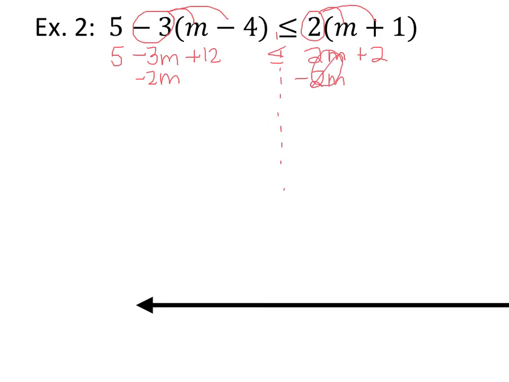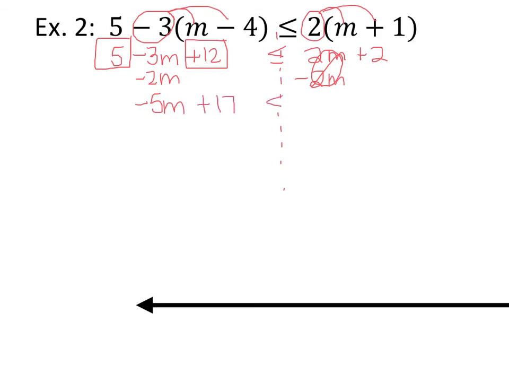Now let's combine what we have over here. We can combine the 5 and the plus 12. But first we're going to combine the m's. So we have negative 3m minus 2m. That gives you negative 5m. And then your numbers, 5 plus 12, that gives you plus 17.